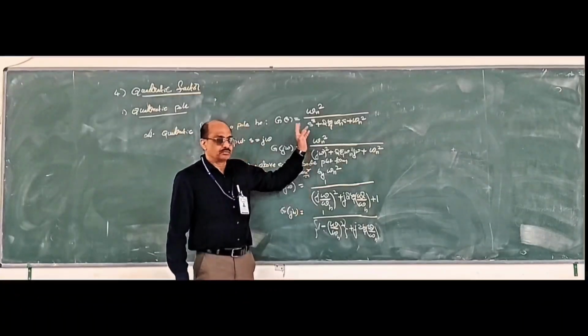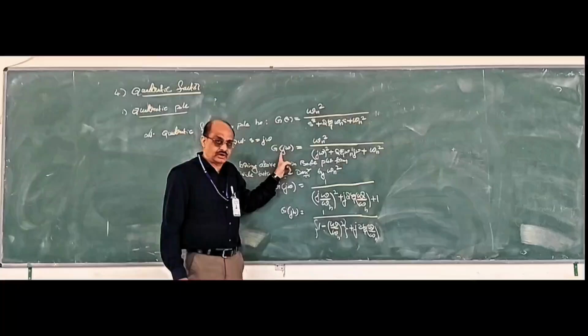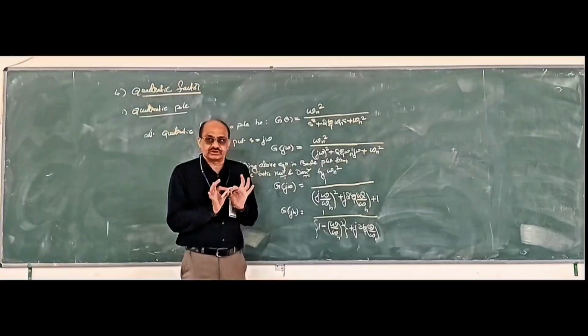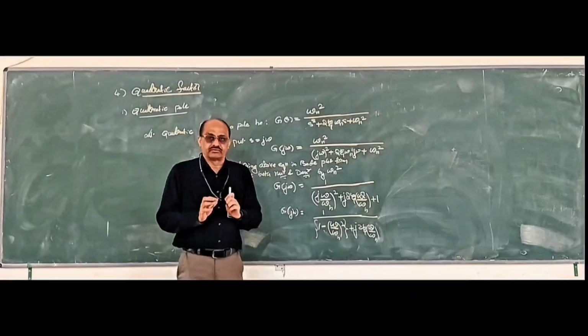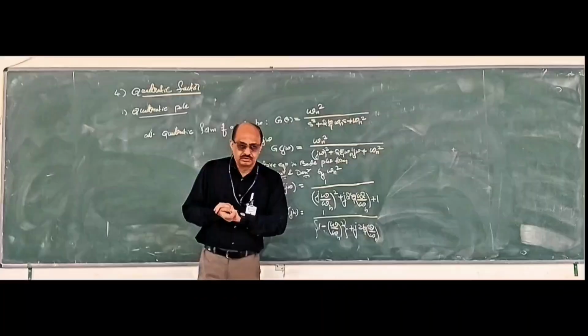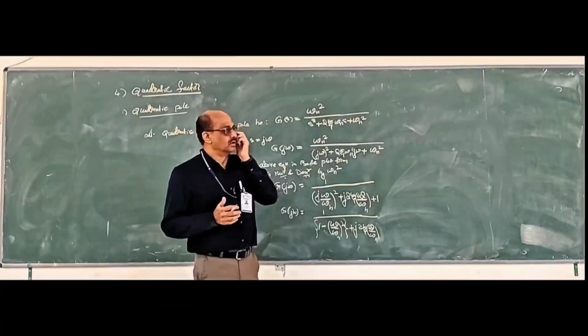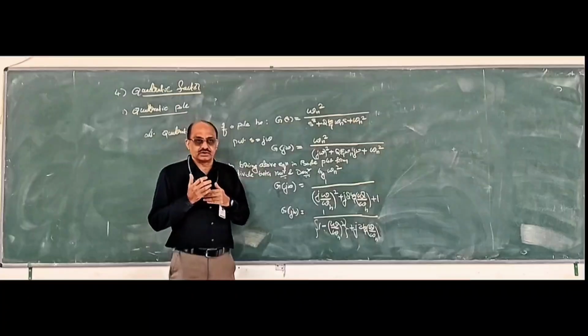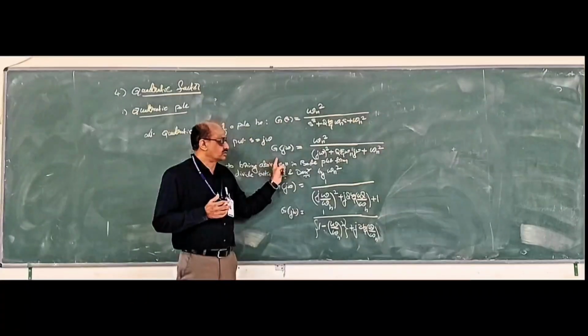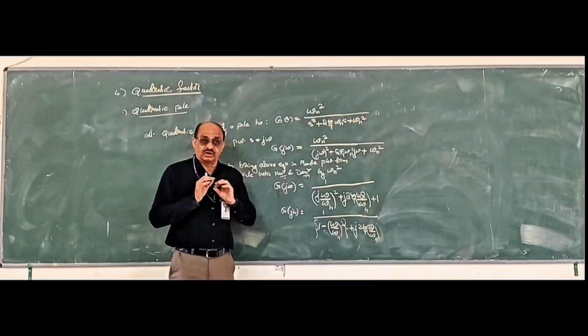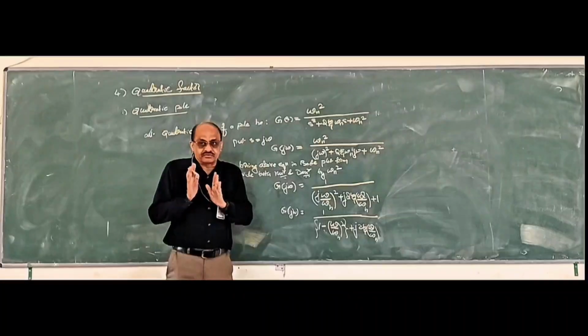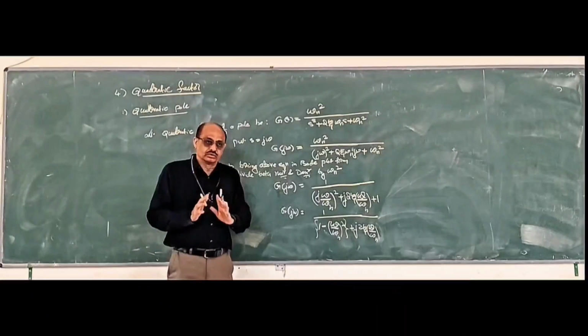It's very simple. Put s equal to j omega. Substitute s equal to j omega in the given quadratic form of pole. It is equally valid for a zero. Put s equal to j omega. Then also it is not in the Bode plot form. Remember that. You have to do this.